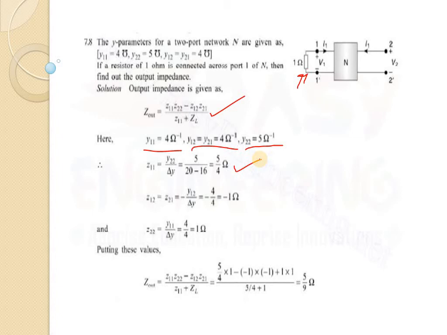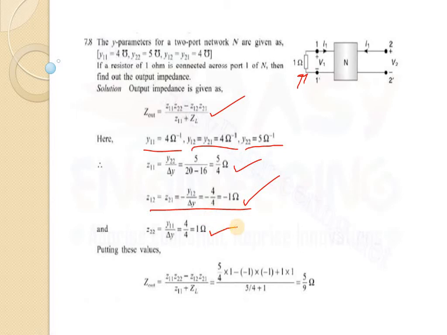Similarly for Z12 and Z21, Z12 equals minus Y12 by del Y, so the value we get is minus 1 ohm, and Z22 equals Y11 by del Y, that is 4 by 4, that is 1 ohm.